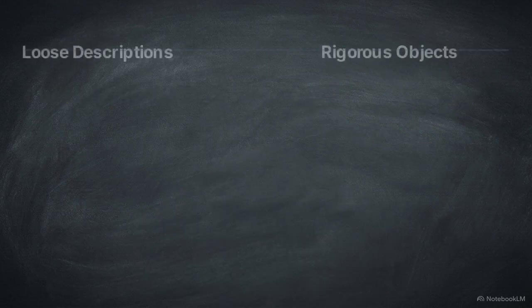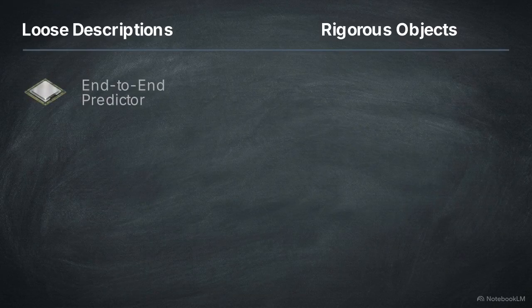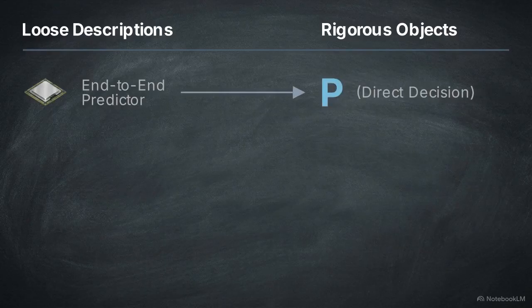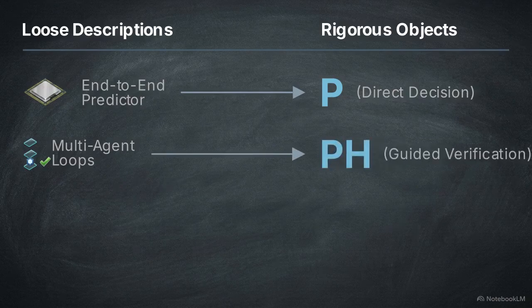This framework translates engineering practices into formal complexity theoretic definitions, moving from loose descriptions to rigorous objects. An end-to-end predictor functions as a direct polynomial time decision algorithm, placing it in the classical class P. A multi-agent debate and repair loop represents a bounded guided verification protocol, which sits within the tiers of the polynomial hierarchy.